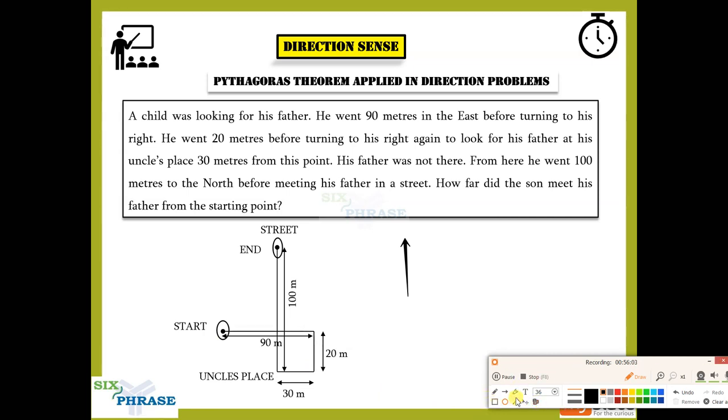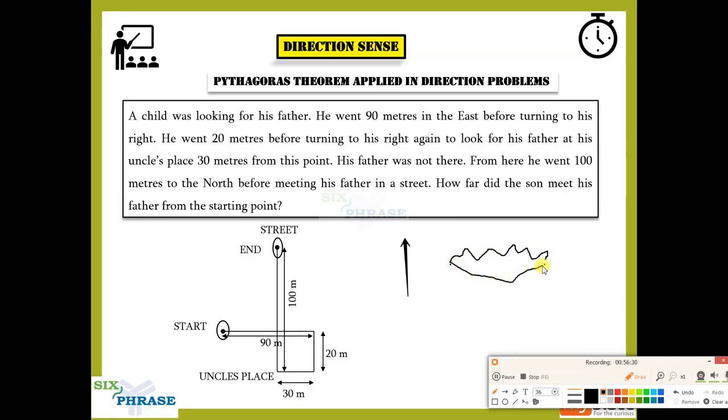What is the shortest distance between 2 points? Let us take a point over here and a point here. What is the shortest distance? You can go like this, you can go like this, and reach this point. Or you can go like this and reach this point.